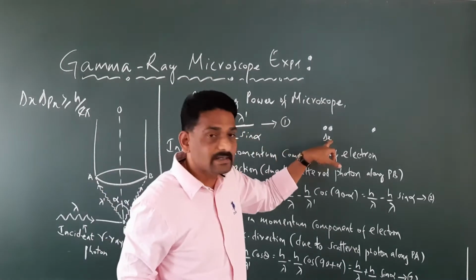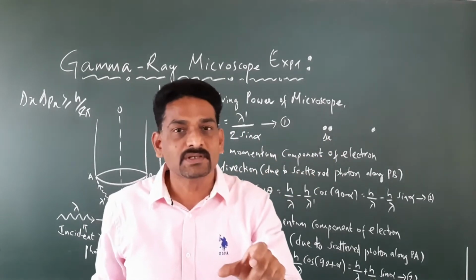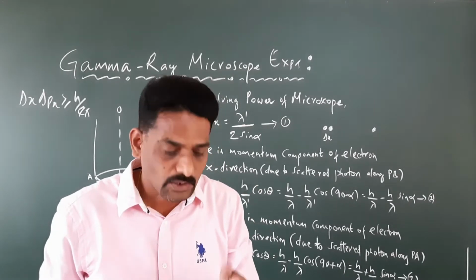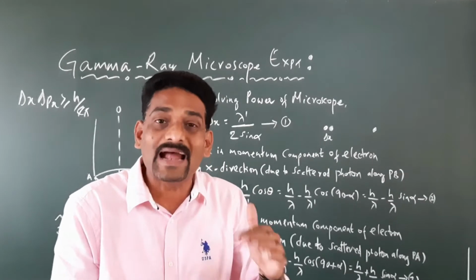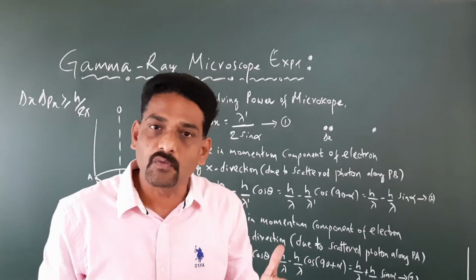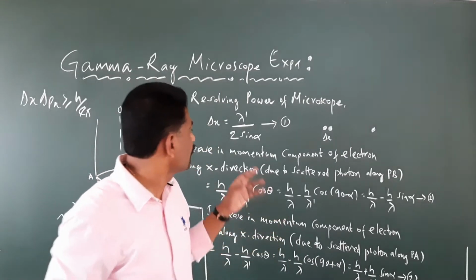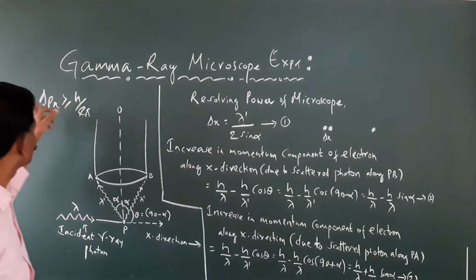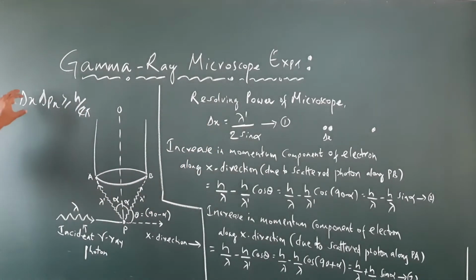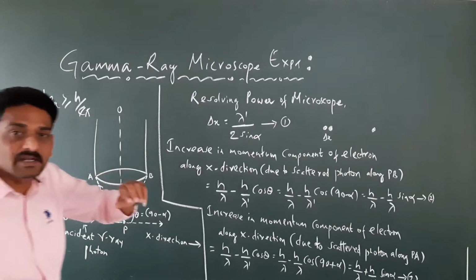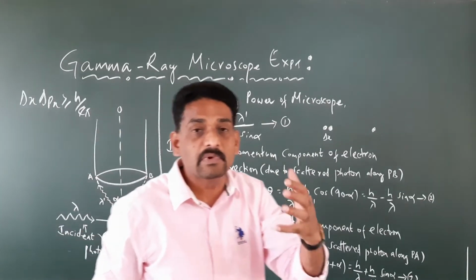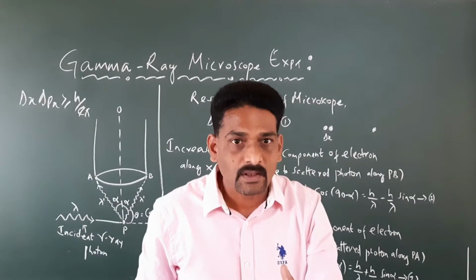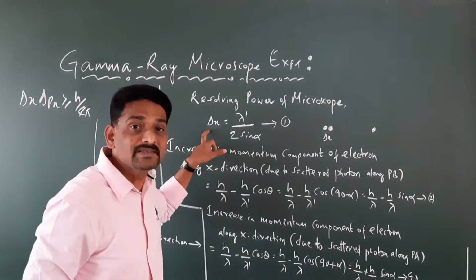As I told you, delta x is the minimum distance through which we can see the two objects as separate. That we define as resolving power. So now we know what delta x is. In this case, delta x is the uncertainty or the error involved in the measurement of position. In this case, it is the resolving power.